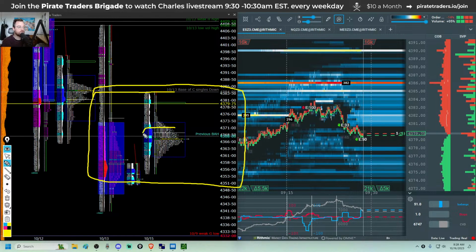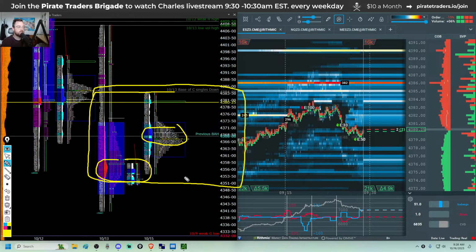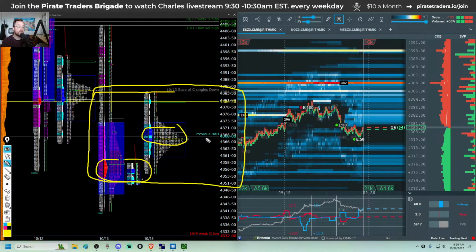We've got some good, strong support right here around 43.66 to 43.71, and some good, strong support down here between 43.50 and 43.58. So the likelihood that the market heads lower is a slightly lower probability than that the market will go higher.